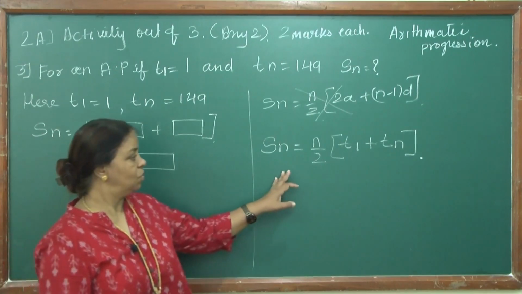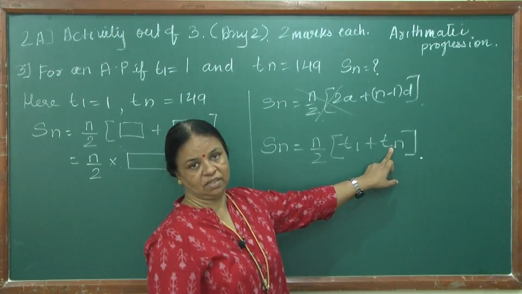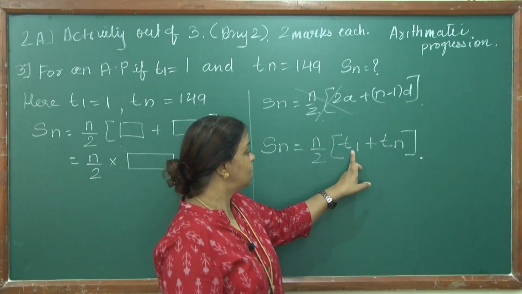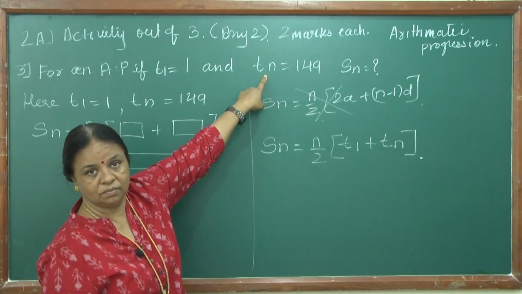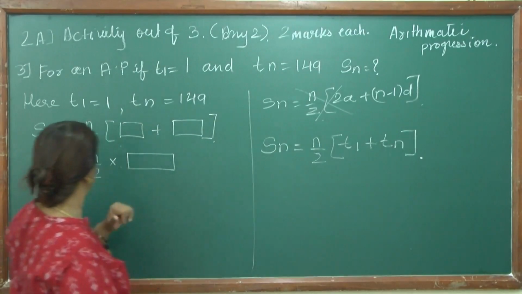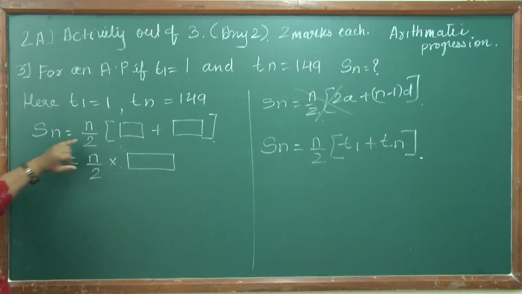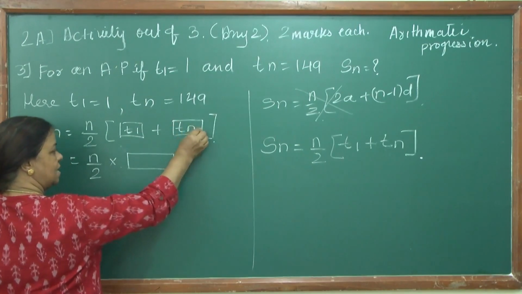This is used when only the first term and the nth term are given. Here the nth term is given, so we can use this formula.